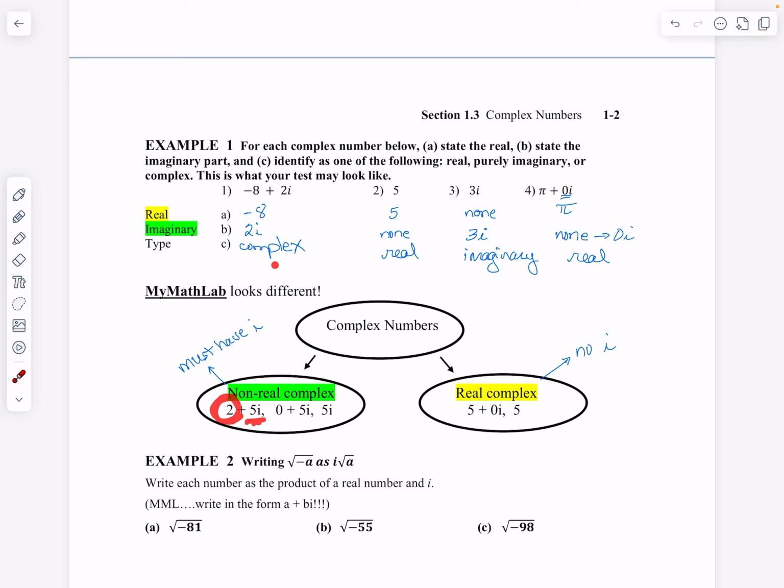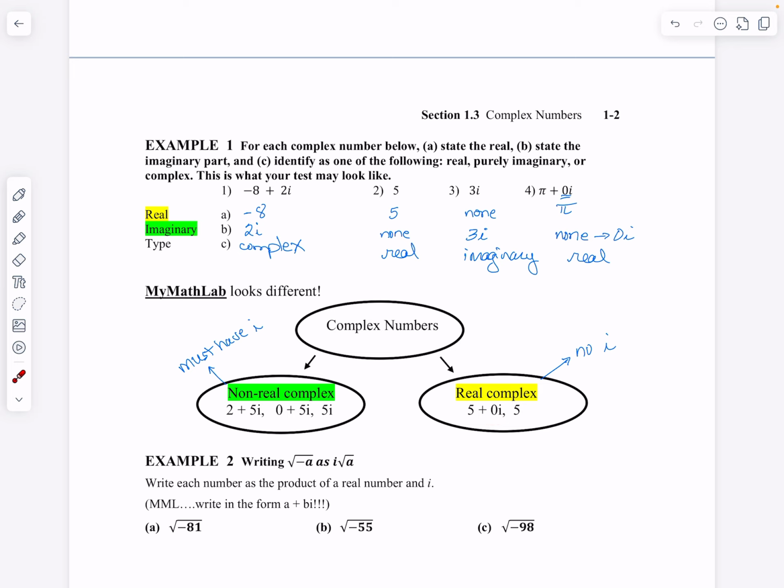So I call it complex or purely imaginary. Both of those they call non-real complex. So my lab calls real complex the ones that have no i in it, or the i is 0.